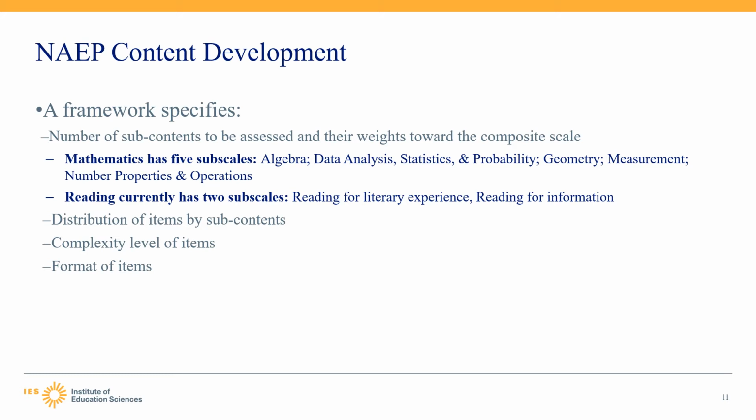Similarly, there are subcomponents for other subjects. The number of subcomponents can vary between subjects and between grades within a subject. The number of subcomponents can change between years. In addition to the number of subcomponents, the framework specifies distributions of items by subscales, item complexity, and item format.